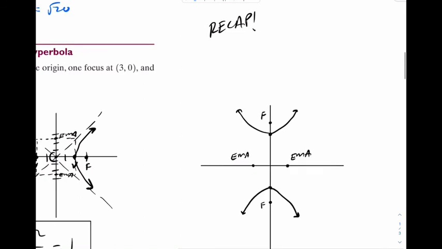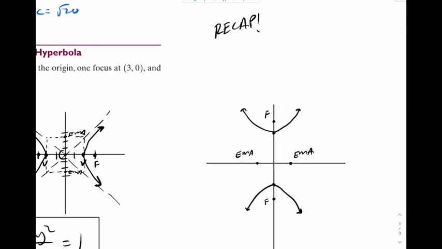So to recap everything, I made this nice picture for us here. So since the last two examples were the x orientation, I'm going to do a recap with the y squared orientation, just to make sure we understand what to do if it's flipped. So if it's y squared, this is a generic picture we'd have. And I'm going to draw my box to help us kind of see what's happening here.